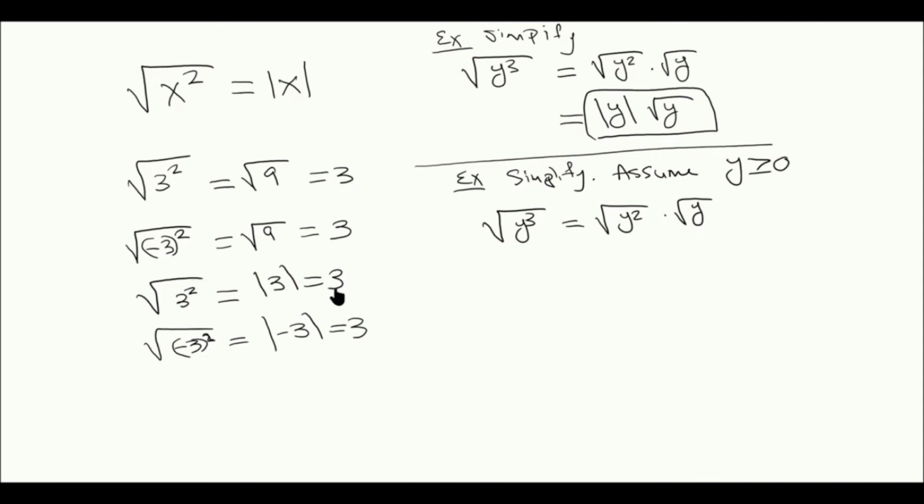So the square root of y squared is going to be y. You can start out with the absolute value of y times radical y, but you know that the absolute value of a non-negative number is itself. So this time you can actually go further and say that's equal to y square root of y. But remember, that's only if you know that y is greater than or equal to 0.